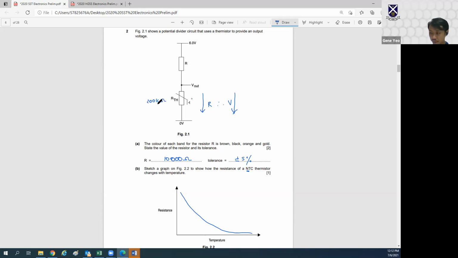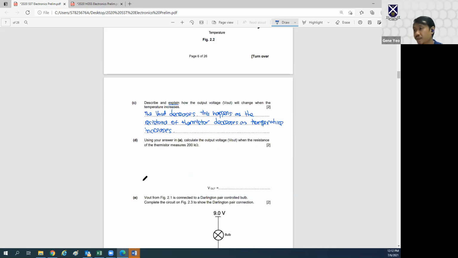Okay. And this is, of course, 10K from what we found. Okay, so it's a very simple voltage divider method. Vout is 200K over the total resistance, which is 200 plus 10.